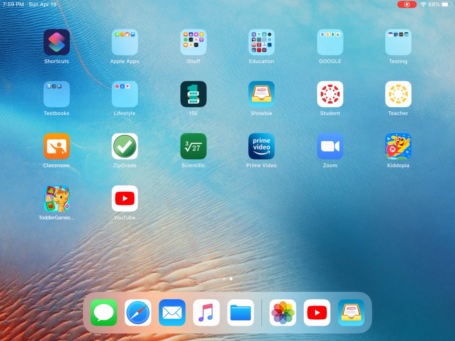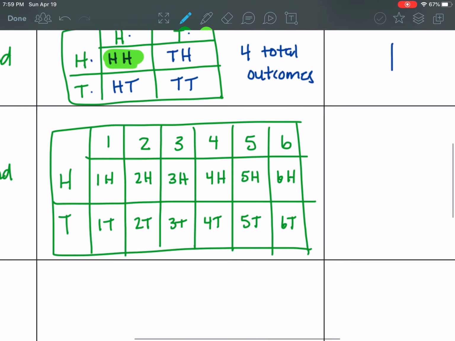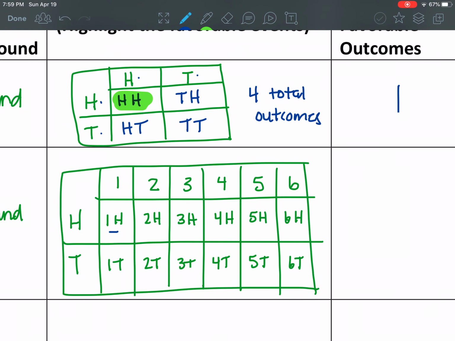So how many total possible outcomes are there then? Sorry, I was trying to keep it organized with colors. So we have 1, 2, 3, 4, 5, 6, 7, 8, 9, 10, 11, 12 total outcomes in this one. So that will be our bottom number in our fraction.